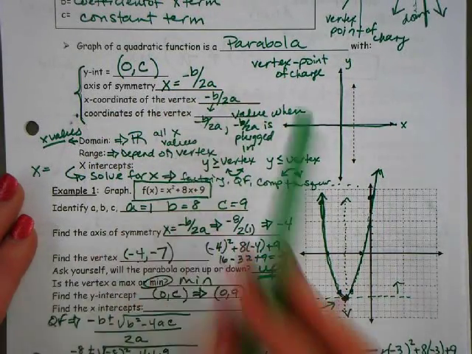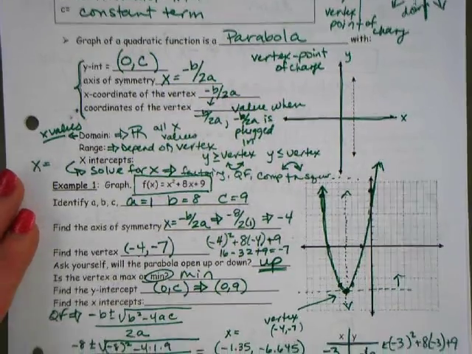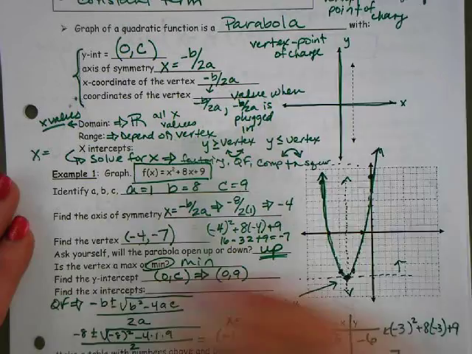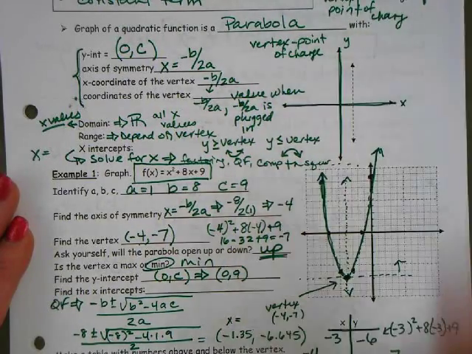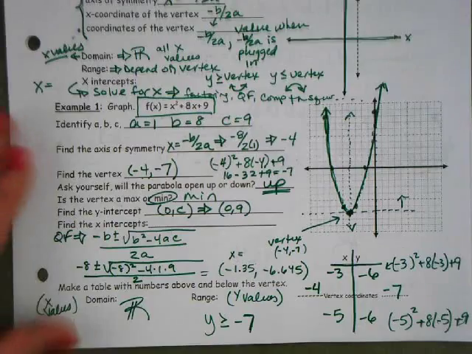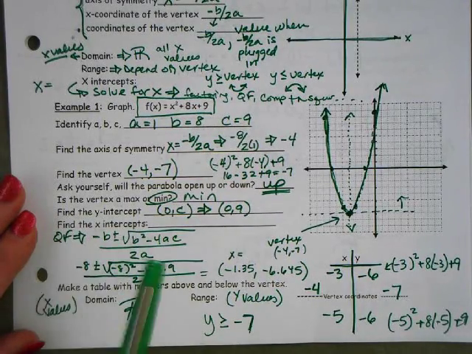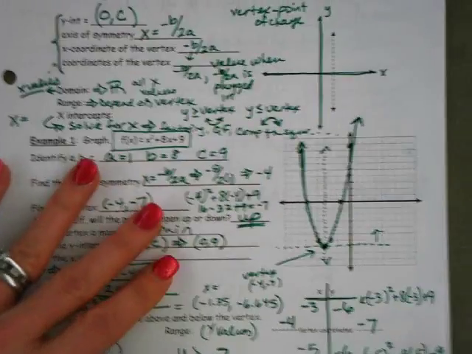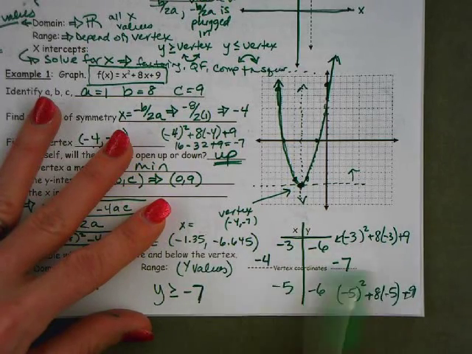The domain is all real numbers for x, and the y is going to depend on where your vertex is. Okay? So wherever my vertex is, y up or y down. Solving for the x-intercept, you guys should know that from our past units. Okay, just quadratic. I think that's it on that one. The T-chart, you guys start with the vertex and then go up one, up one, down one. I think that's it.